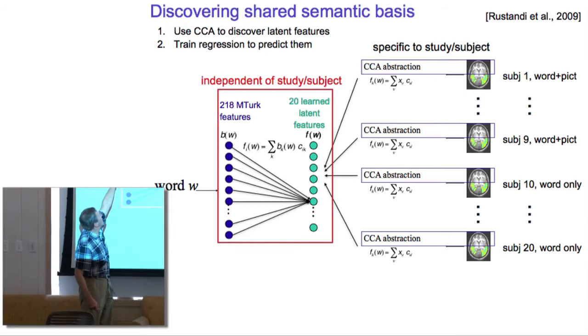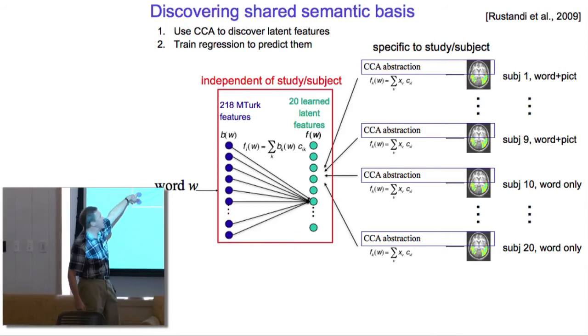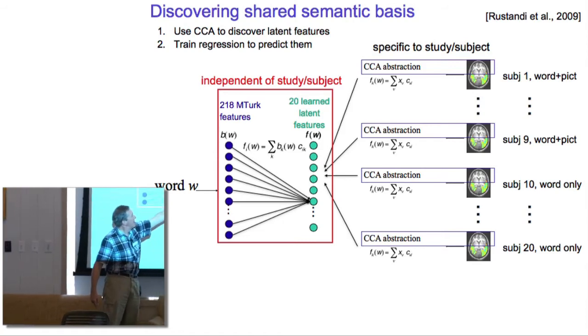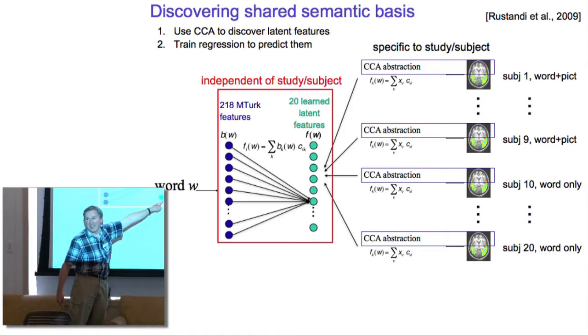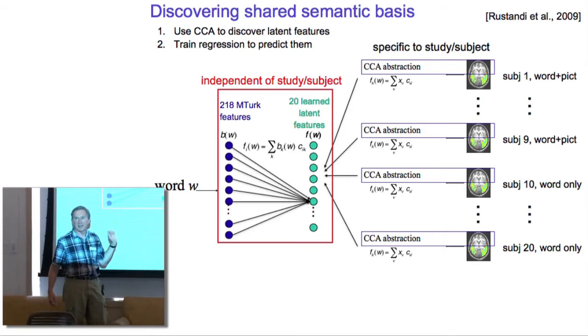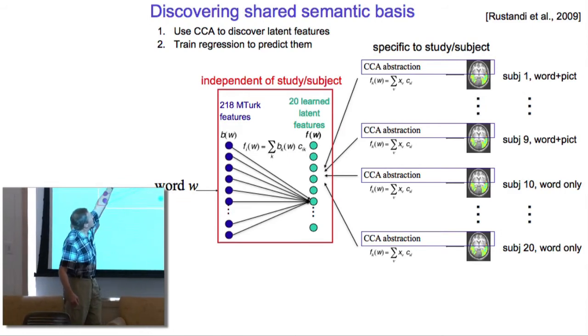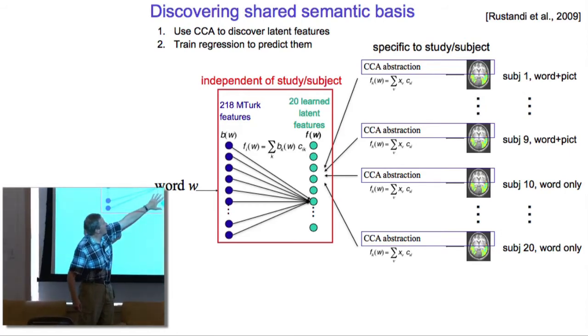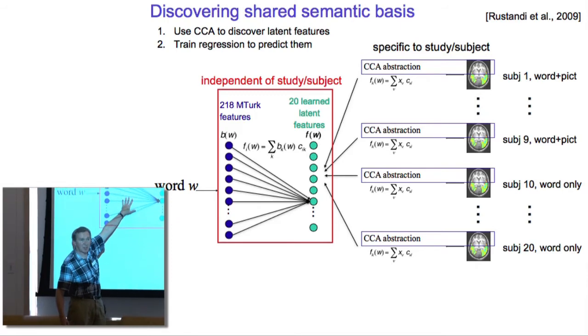Well, we have these 218 Mechanical Turk features, so let's just learn a linear regression to predict each of these factor loadings, or sorry, each of these values for each of the subjects. Okay. And so these parameters essentially say we can predict each of these features, which are subject independent. These parameters are subject independent.